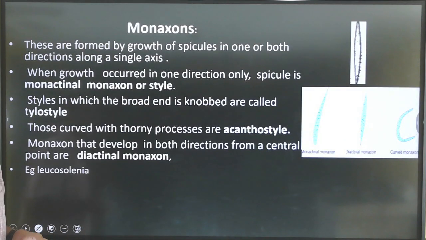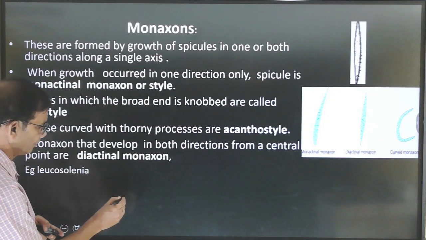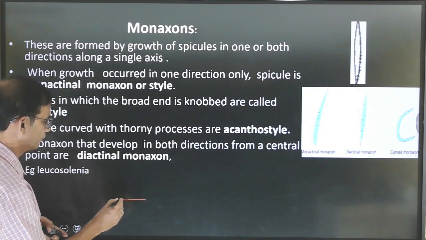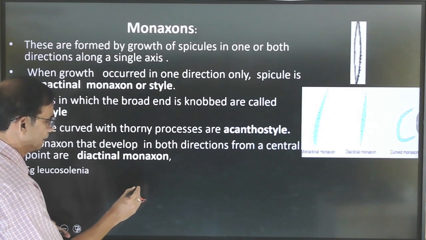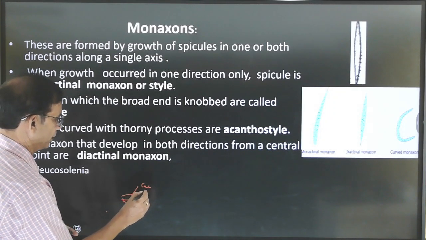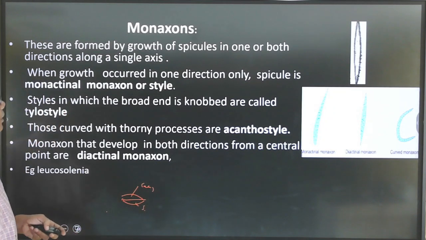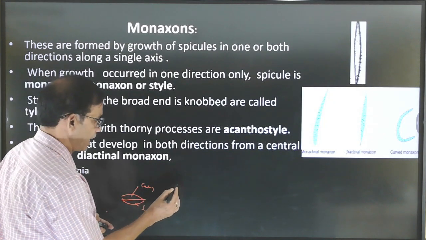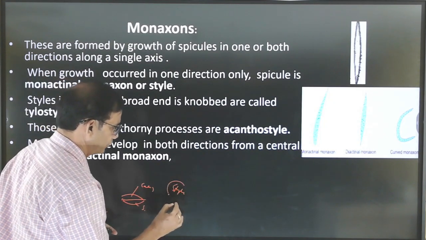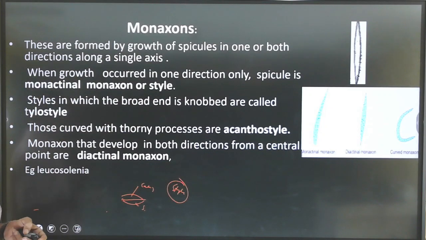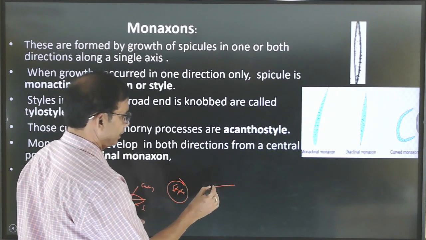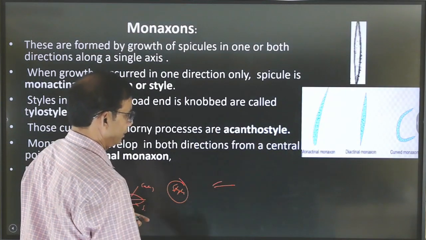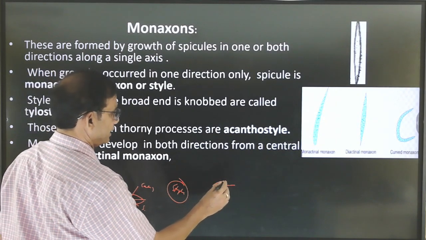First one is monaxon. Monaxon is a simple single axis with a point, and the deposition of chemicals such as calcium carbonate or silica occurs there. This monaxon can also be called a style. When the axis grows in one direction, it is called monactinal monaxon.